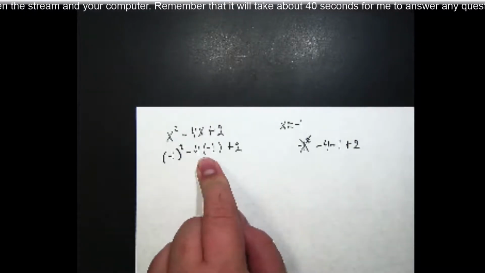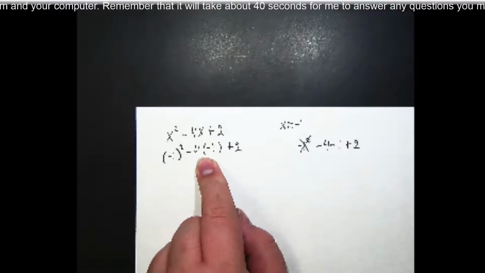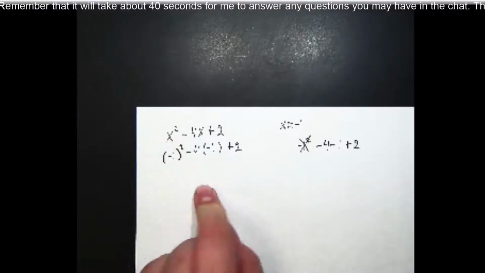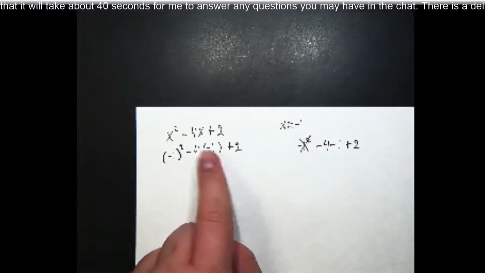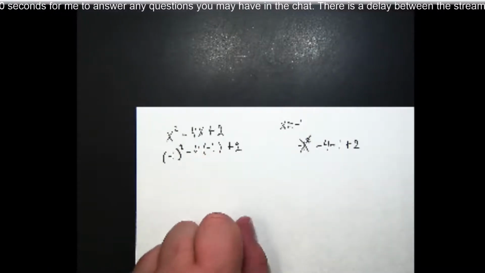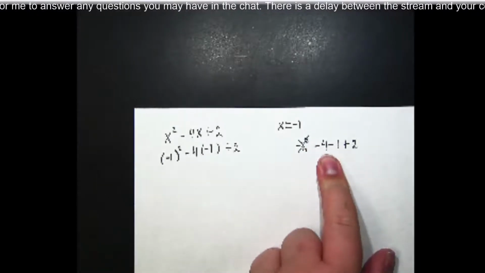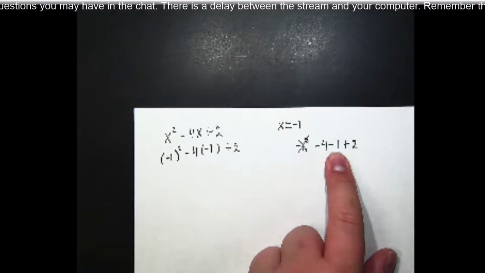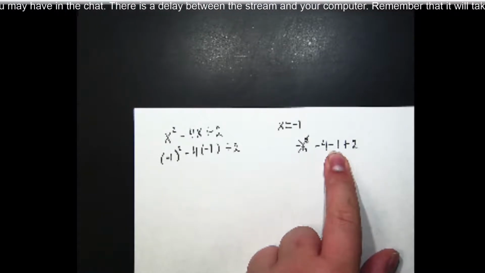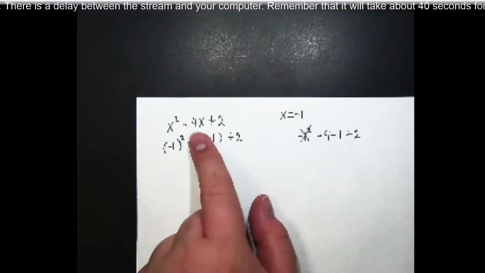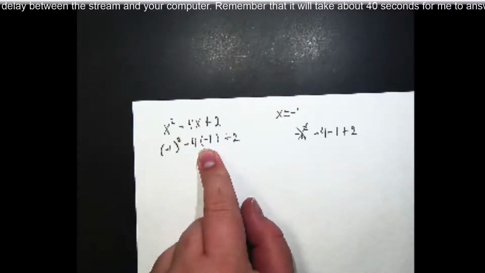Again, here we use parentheses. So before we had 4 times x. This is still 4 times whatever x was, which is negative 1. So we're still multiplying here, 4 times negative 1. Here, we're no longer multiplying. We have 4 minus 1. We've changed what we were doing. We can't do that. Whatever we were doing before, we need to continue to do down here.